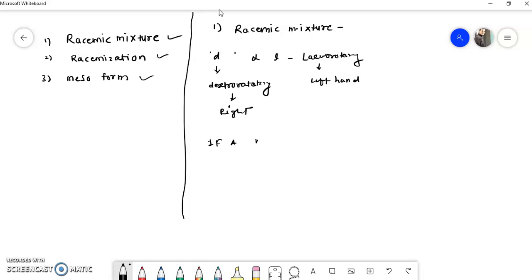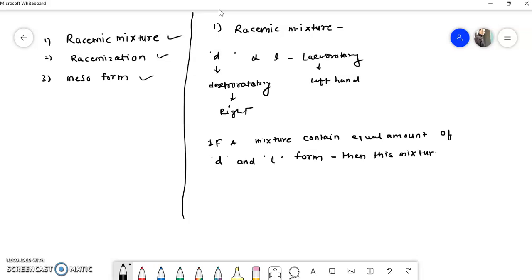Now this is very important, remember: if a mixture contains equal amounts of D and L form, then this mixture is called a racemic mixture.